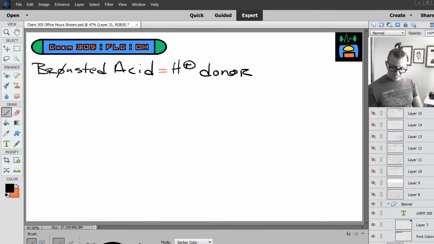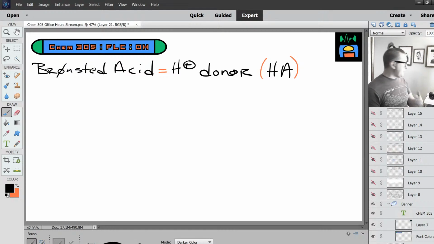And so a Bronsted acid is a proton donor, and the generic way to write a Bronsted acid, because that's kind of what they ask for, is just HA. So HA is a generic Bronsted acid.